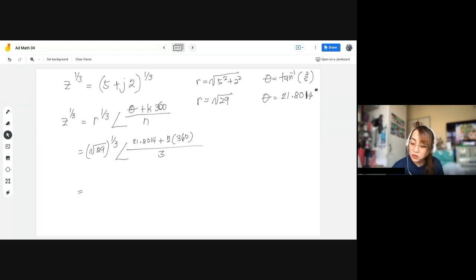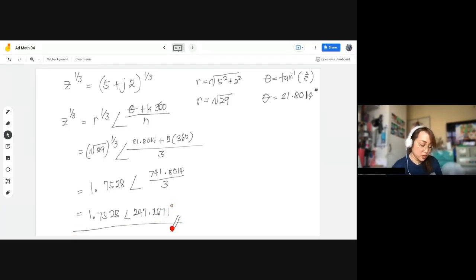Square root of 29 to the 1/3 is 1.7528, angle 21.8014 plus 2 times 360, all over 3, which is 247.2671.